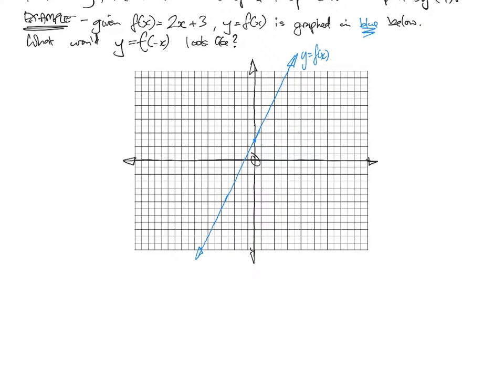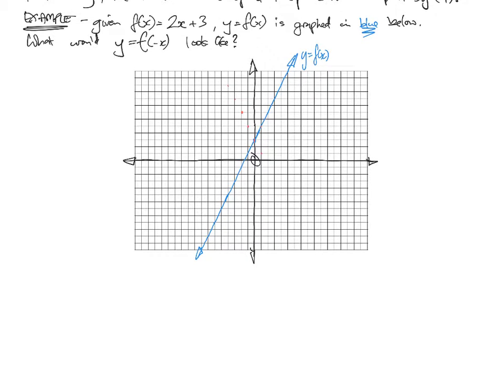So here the x-coordinate is 1. At this same y, for y is equal to the function of negative x, it's going to be -1. Here it's going to be -2, -3, -4, and 0 is to stay 0.